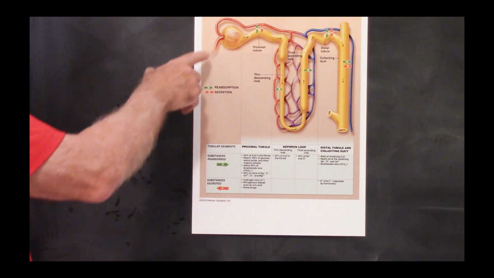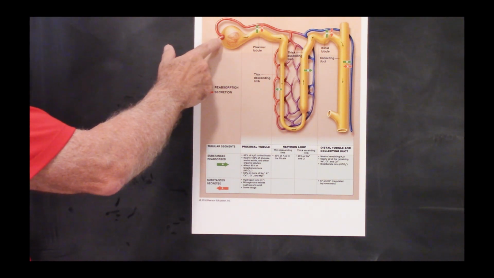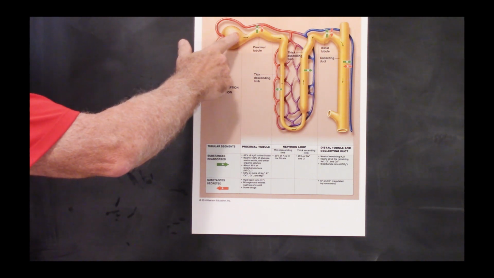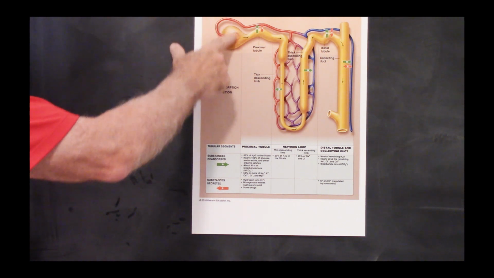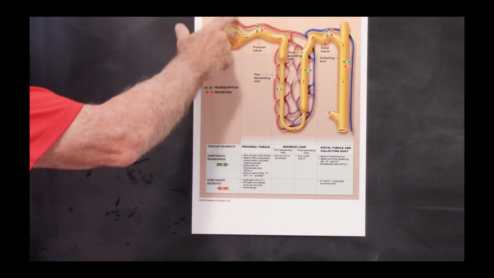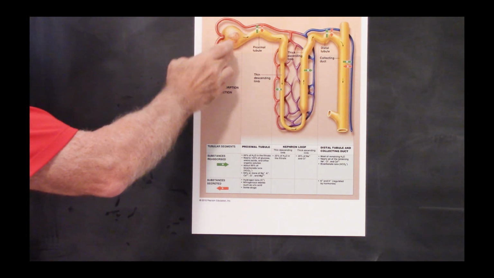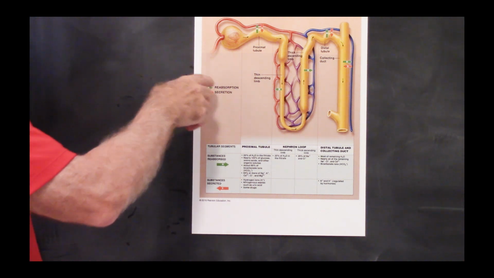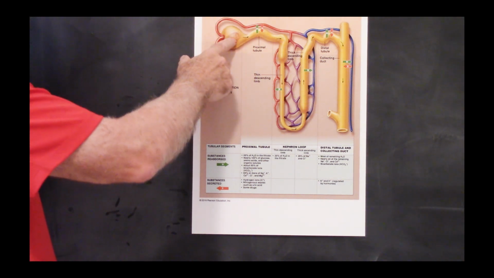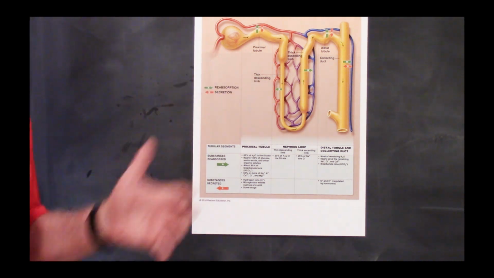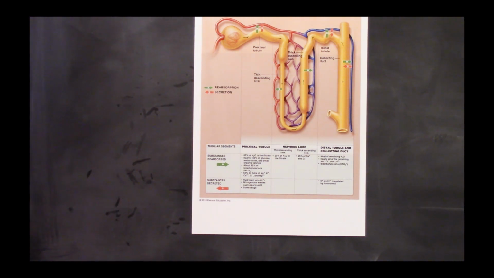So this is going to be an afferent arteriole delivering blood into the glomerulus, which would be a network of capillaries inside the glomerular capsule. And the glomerular capsule and the glomerular capillaries together make up this spherical structure known as the renal corpuscle. By the way, the glomerular capsule is also known as Bowman's capsule.